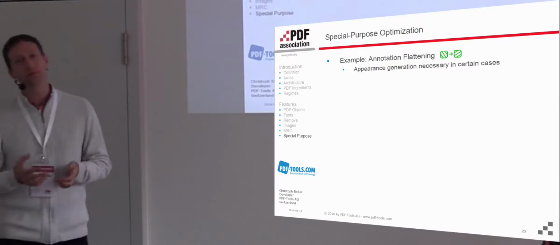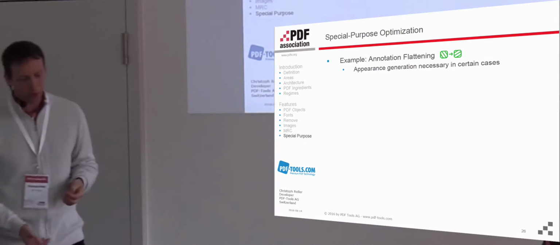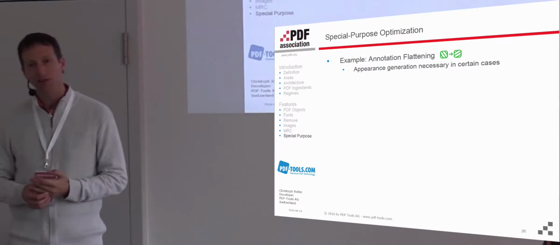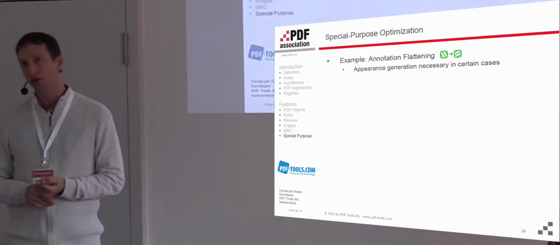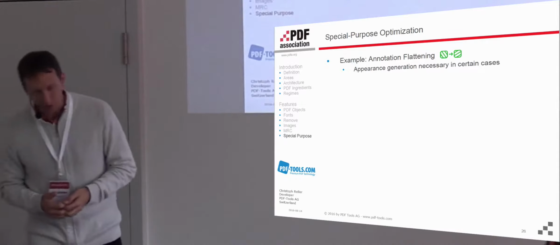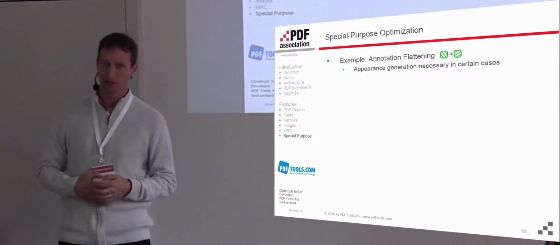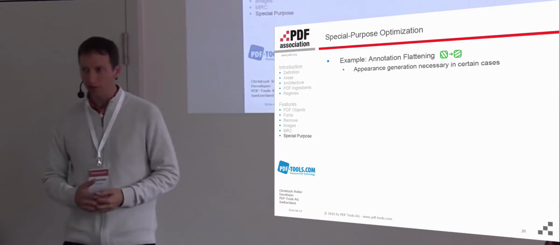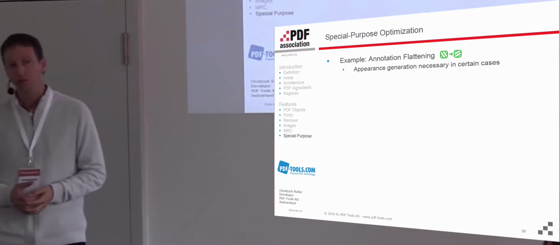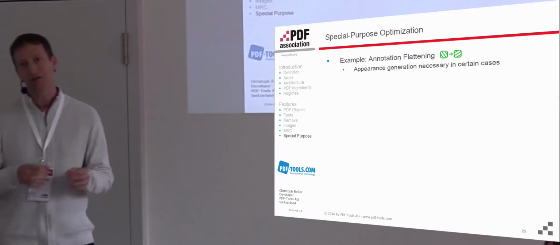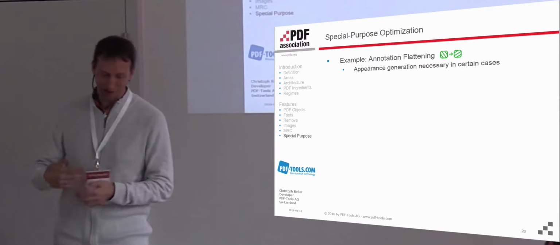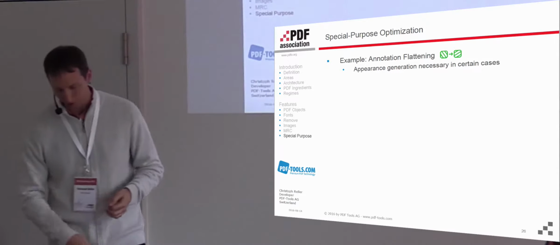Now this in itself may not seem to be so much of a problem. The actual problem is that the ISO 32000 standard does not tell you how to do that. It is not part of the standard. It is not part of any specification. We only have the Adobe Viewer, which does something, and it's basically a reverse engineering task to do that.